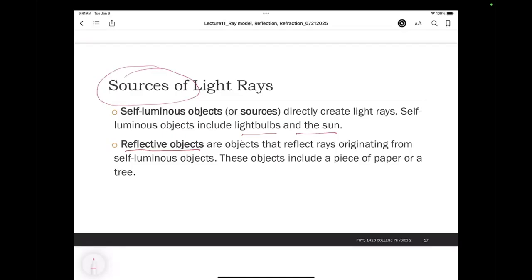It's just the sunlight or some bulb light reflected to our eyes. Does it make sense? Also, like the moon, it cannot directly create light rays. So there are two different kinds of objects for the source of light rays.